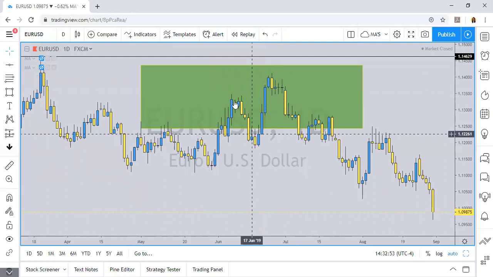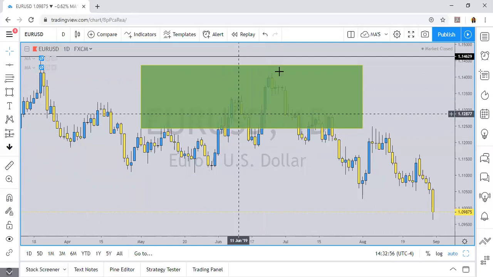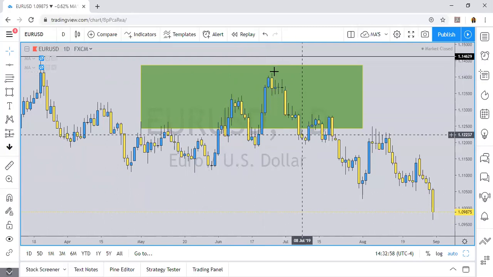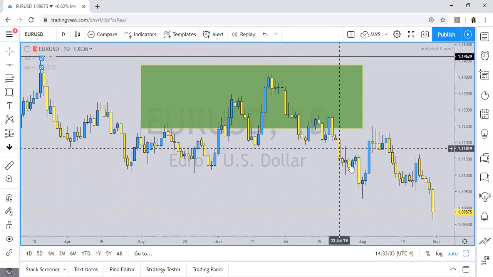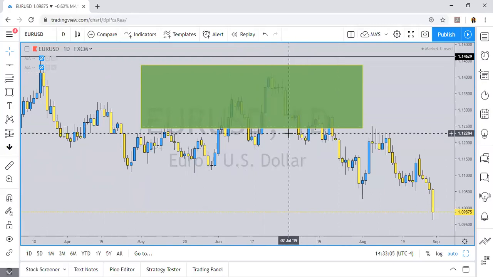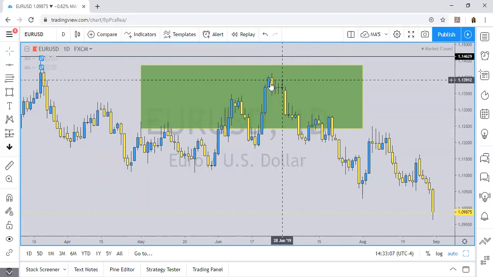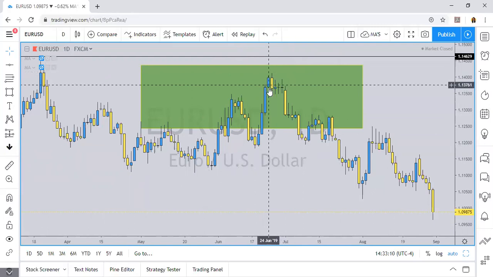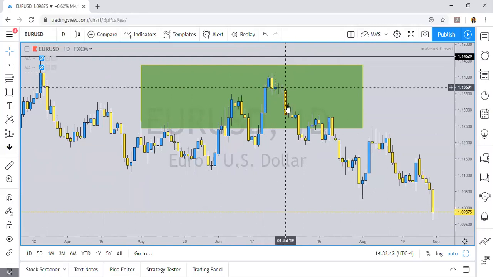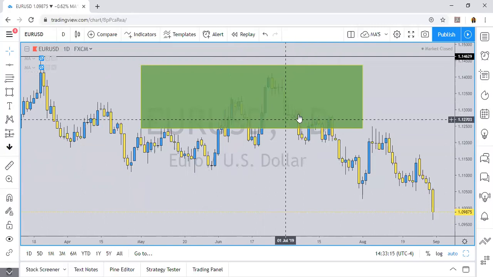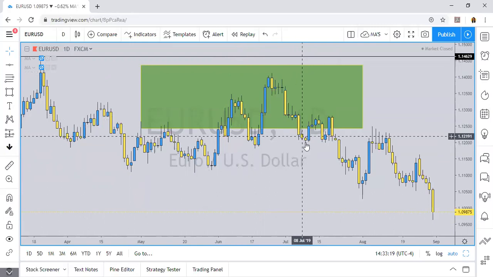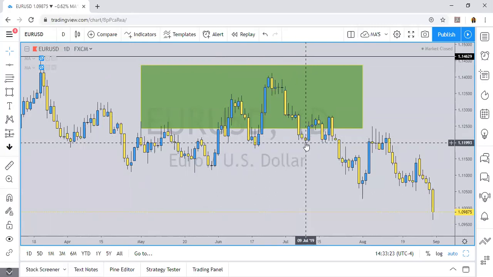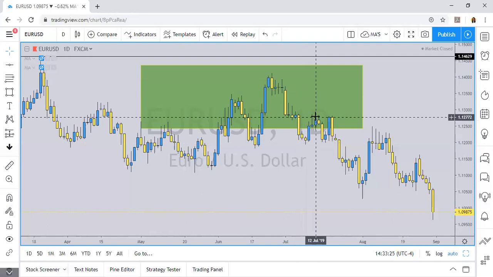So before the market actually transitioned over to give us our bearish movement, we see here we have our bearish engulfing candle. And then the market gave us a lower low, lower high, lower low, our higher low.